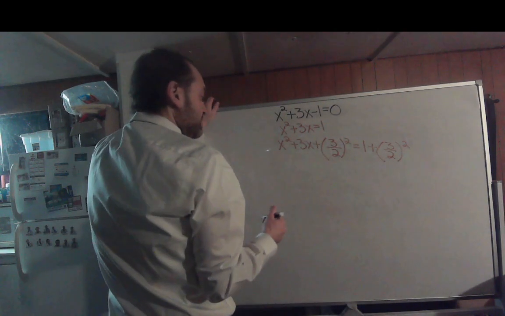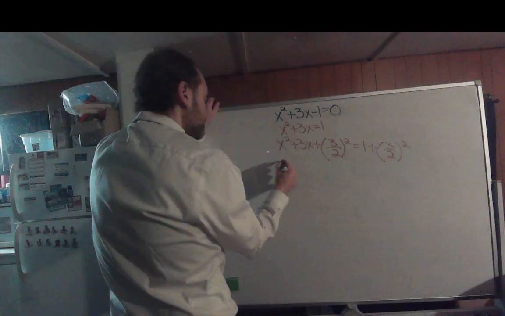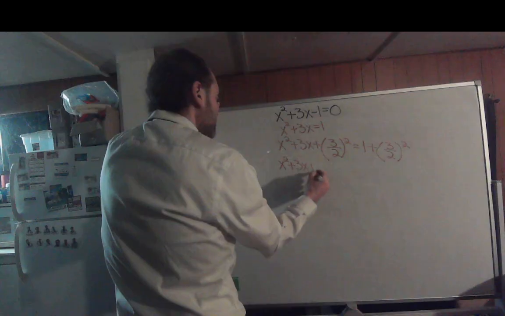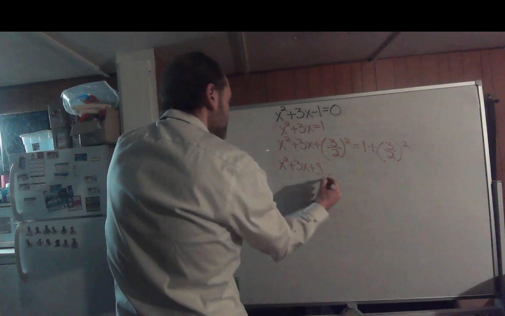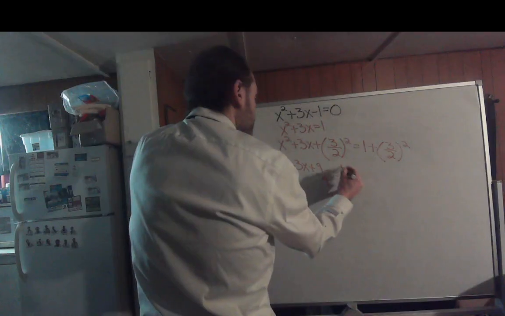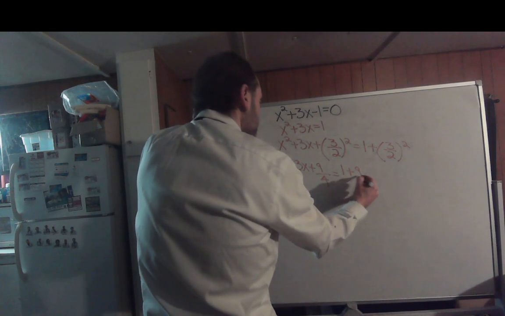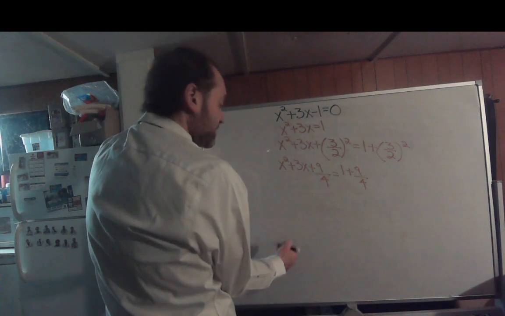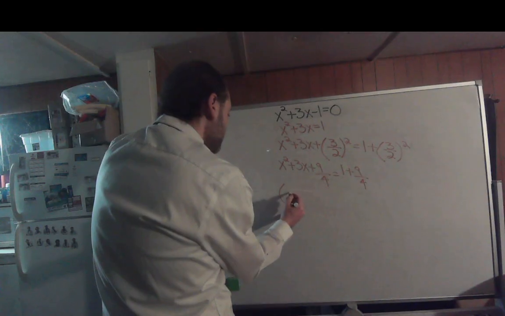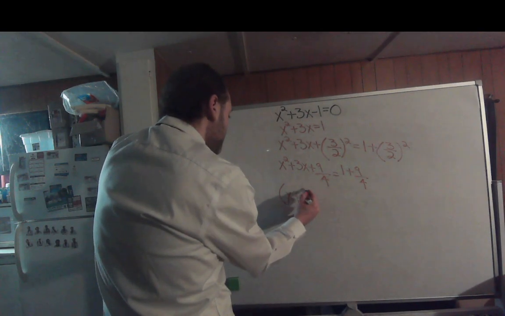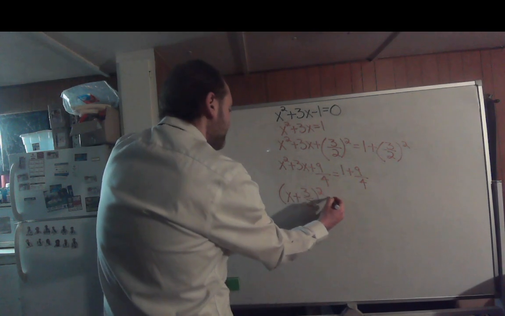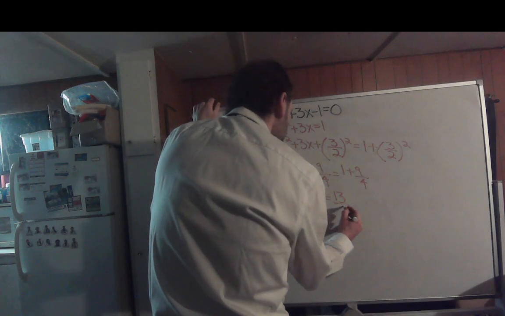So then you'll end up getting, of course, x squared plus 3x plus 9/4 is equal to 1 plus 9/4. So the left side will factor into a binomial square of x plus 3/2, that quantity squared. The right side would equal 13/4.